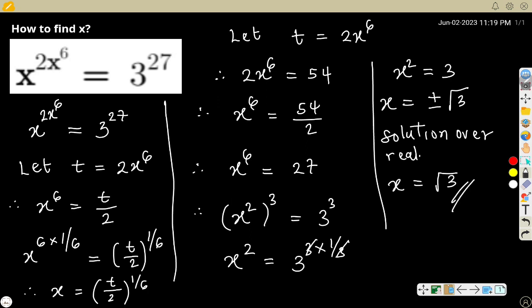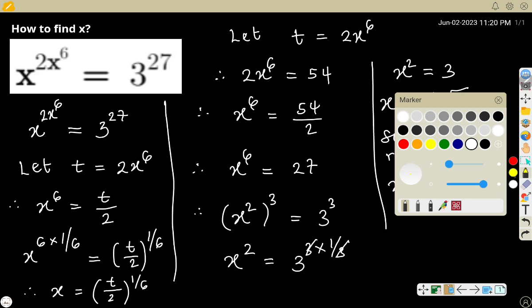So s is square root of 3. We ignore negative because if you put negative in your equation, you should have something like minus root 3 raised to power 2 minus root 3. So you have something, so the base, so you ignore the negative result. So take only the positive. So the final answer is square root of 3.